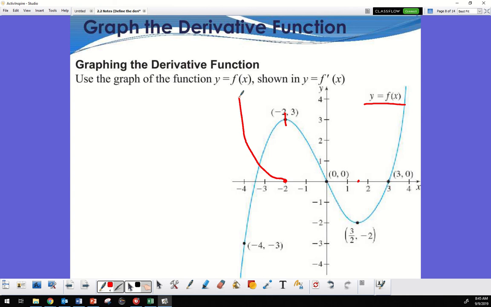But now, from this point on, this roller coaster is going down. So if it goes down, what are my slopes? Negative. So these are all down in the negative now, right? So it's going negative. And right here we said it's going back to 0, isn't it?